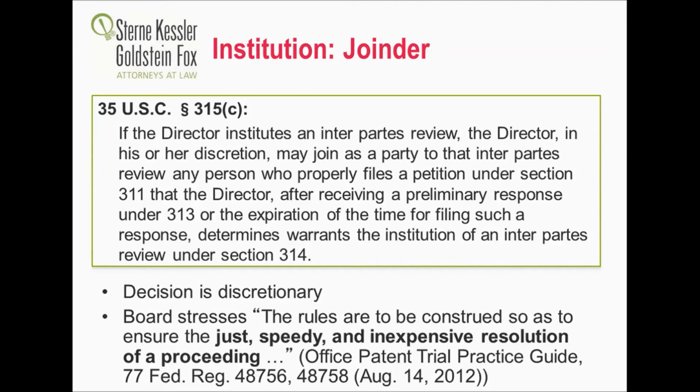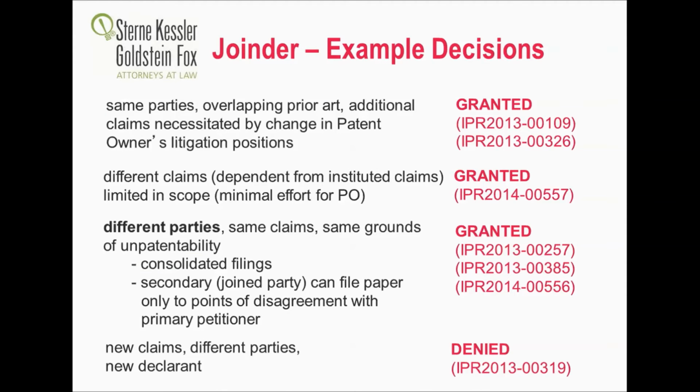Perhaps. Okay, so the next thing we'll discuss, and it's definitely been a hot topic of late, is the motion to amend. There is a statutory right during an inter partes review for a patent owner to file one motion to amend the patent in one or more of the following ways.